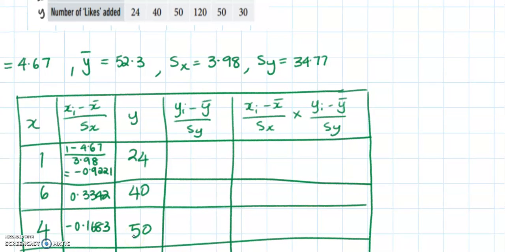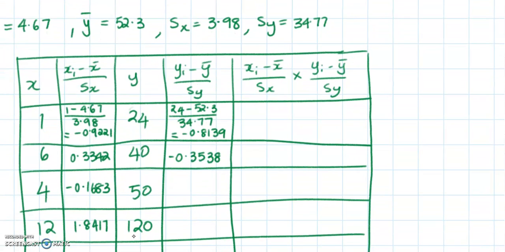Your first value of y is 24. We take the 24, take away the mean for y, which is 52.3, and divide that by the standard deviation for y, which is 34.77. What we get is negative 0.8139. Using the same method, for the second value, it's 40, take away 52.3, divided by 34.77, and we get negative 0.3538.